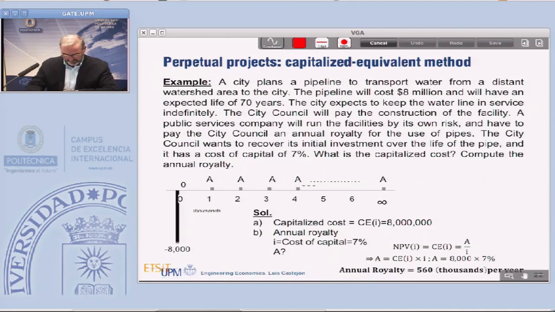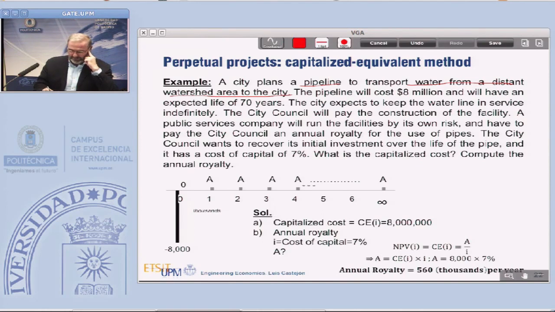This methodology is quite useful. You are the city mayor of a city, and your city plans to construct a pipeline to transport water from a distant watershed area to the city.